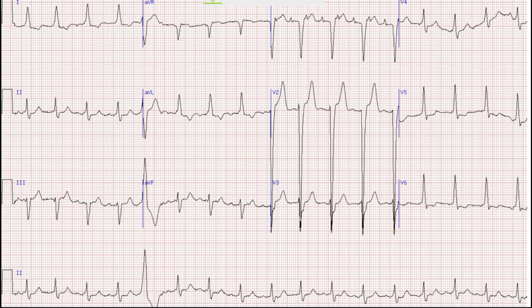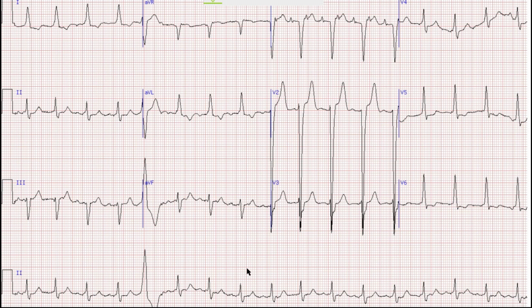Also we can find a broad QRS complex here, a beat with broad QRS complex. This is actually an extrasystole which is of ventricular origin, also known as PVC or premature ventricular contraction.